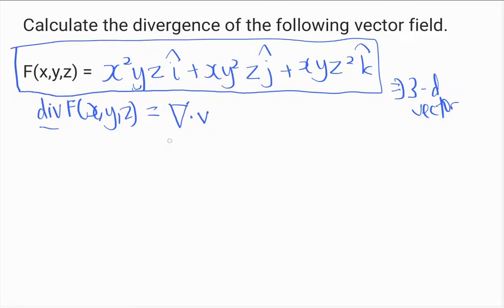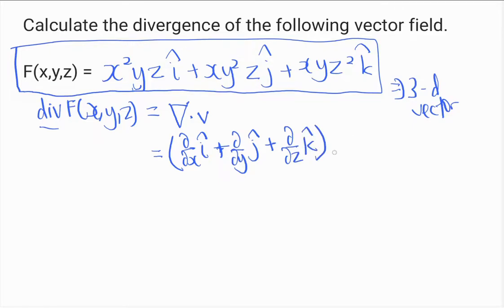This can be written as the partial derivative of x in the I component, plus the partial derivative of y in the J component, plus the partial derivative of z in the K component, dot product your vector, which is x squared y z I plus x y squared z J plus x y z squared K.